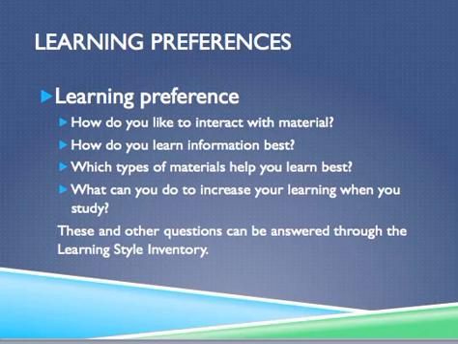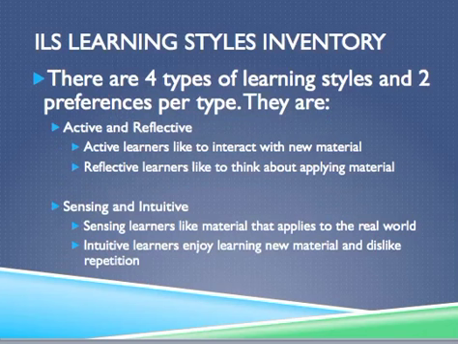These questions and the other ones that you completed when you completed the Learning Styles Inventory help us to understand the best ways to choose materials for you and the ways that you learn. The learning inventory is divided into 4 sections, and the information that you received back from us, we'll talk about in just a little bit, gave you an indication of your particular learning preferences in 4 sets.